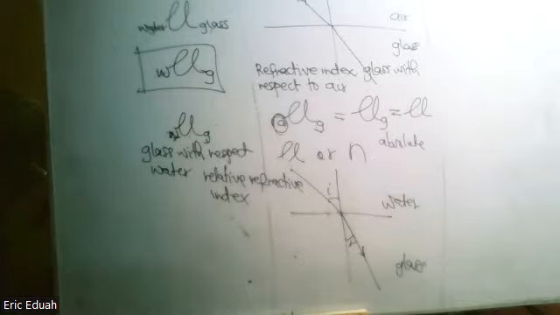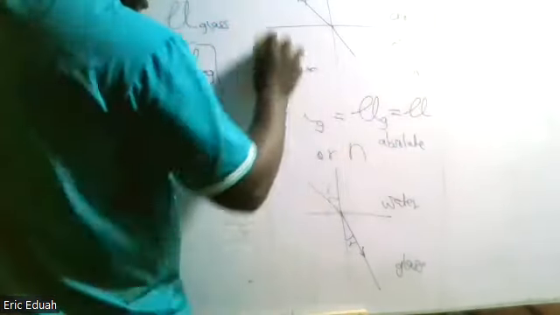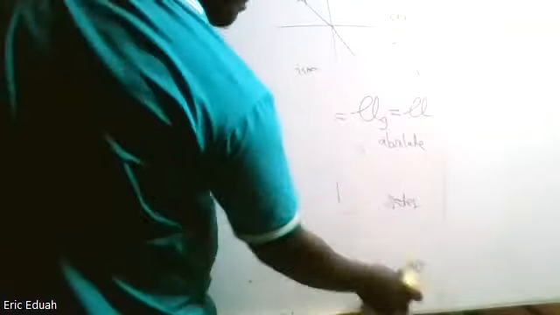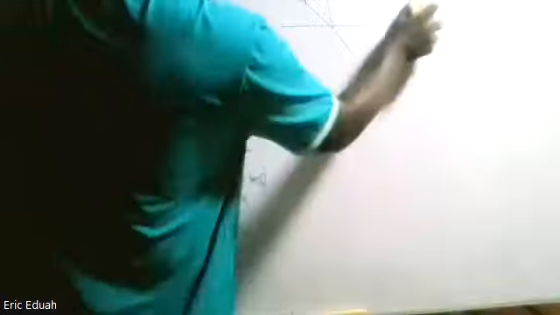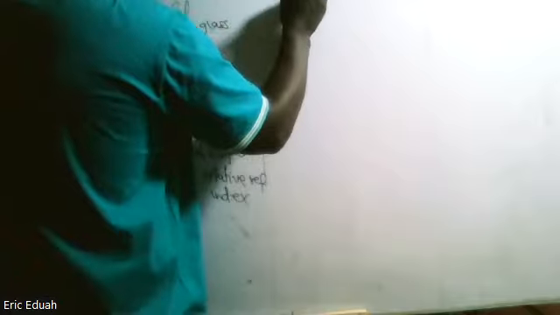So now, absolute refractive index of a material can be expressed in different ways. One is the symbol. So long as the incident ray is from air to a denser medium, it can be N or mu.